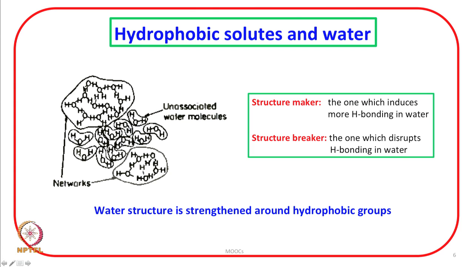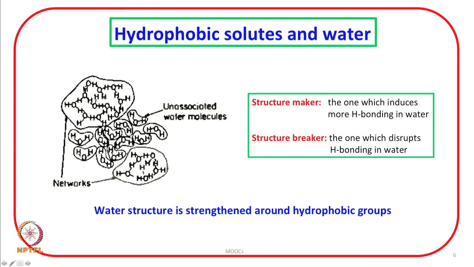Since hydrophobic molecules do not like water, they will tend to be away from water, and in this process they will induce more hydrogen bonded structure in water, because they cannot form hydrogen bonds with water. They cannot form polar interactions with water.